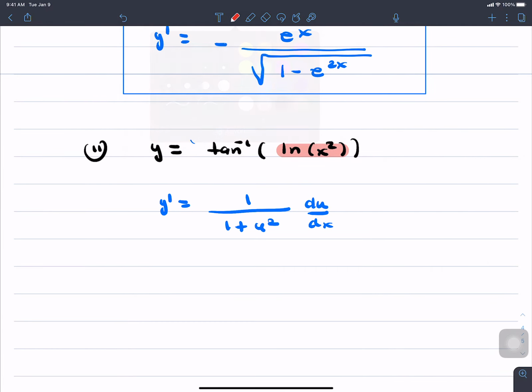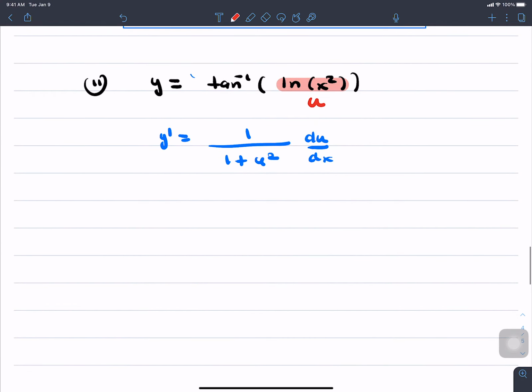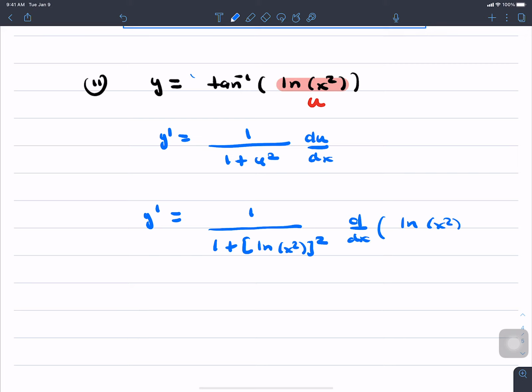This is the u. So we'll get y prime going to be 1 over 1 plus natural log x squared squared, and u here is going to be natural log of x squared here. So this is the chain portion.